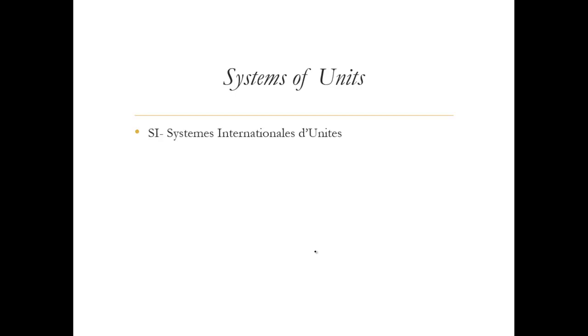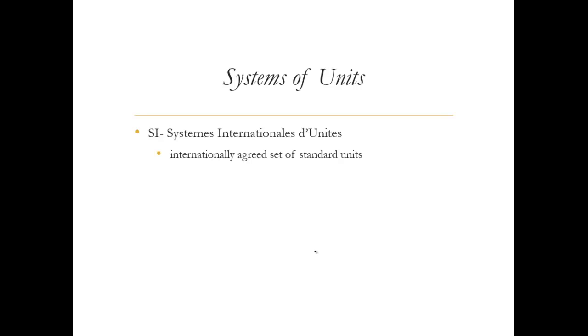For example, in the United Kingdom there were imperial units, and in the US we had some other units. So when there is trade between countries and global trade, we need to have basic standard units throughout the world. So that's what we call SI units, the international system of units. It was established that we should use a very common unit so that we can trade throughout the world.